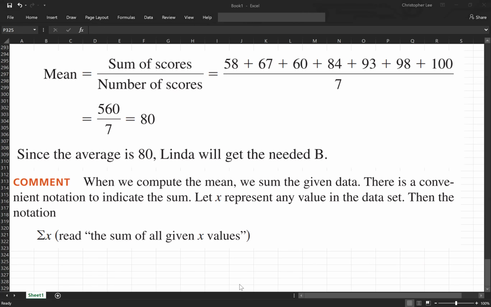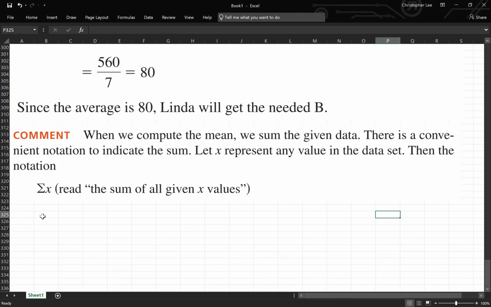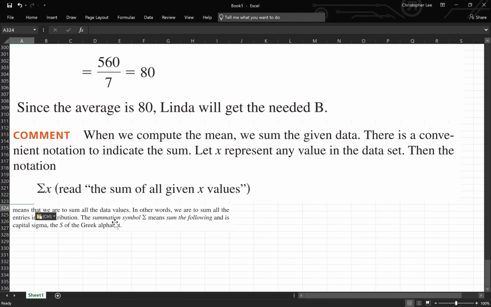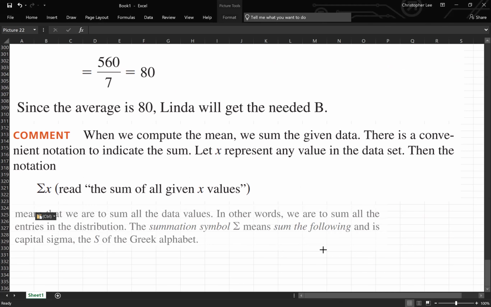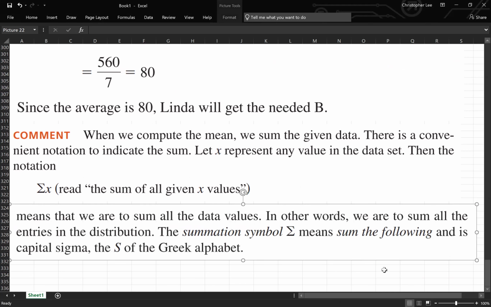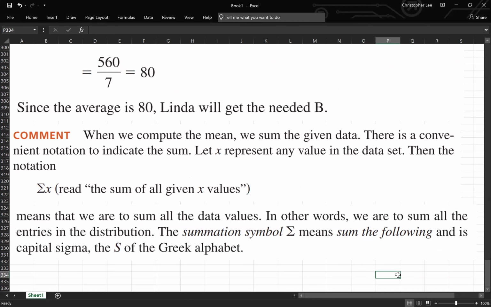That's also capital letter S in the Greek alphabet. So sigma X means that we are to sum all of the data values.